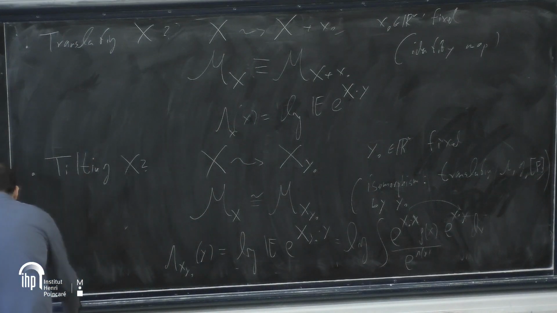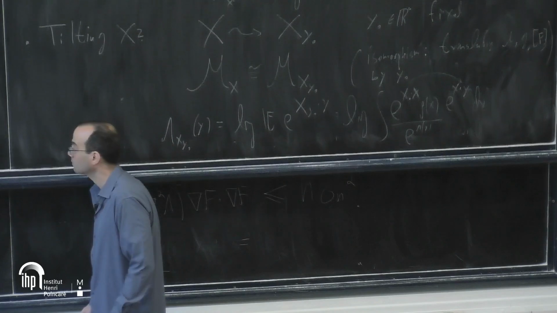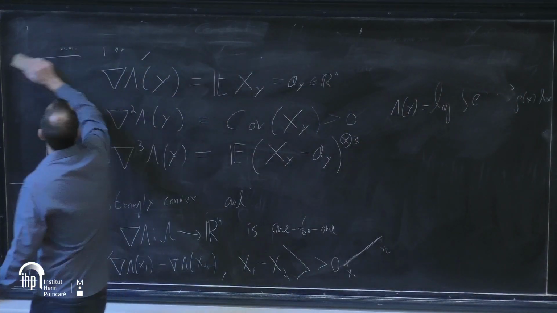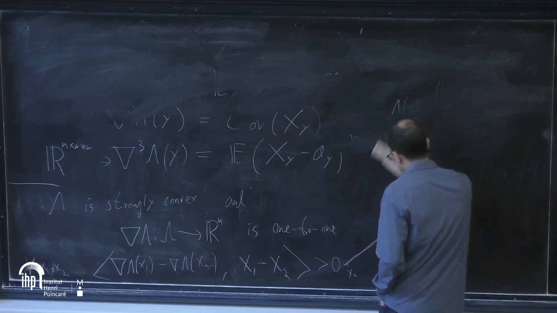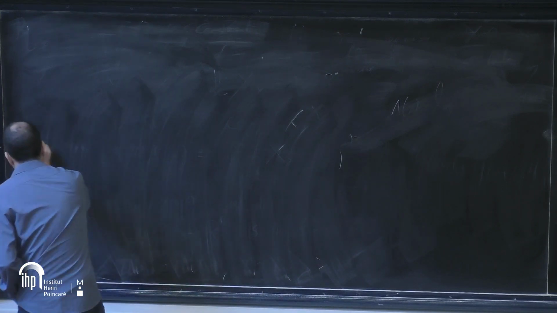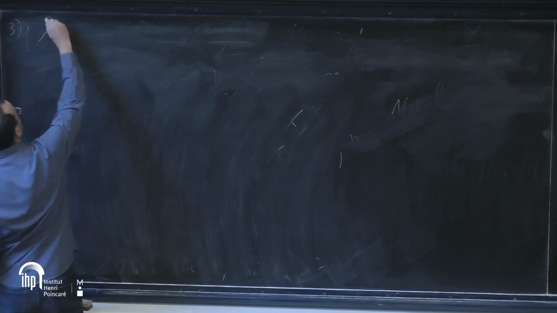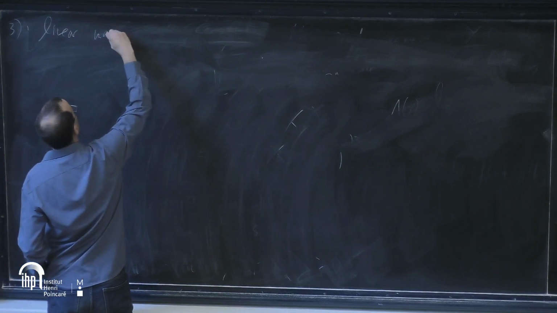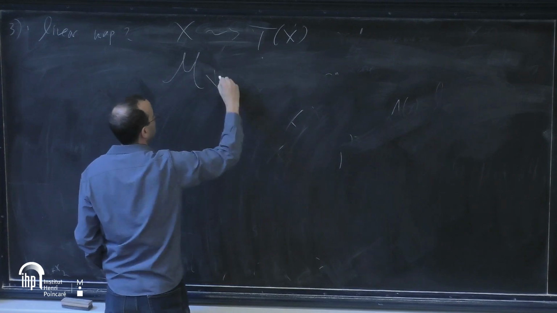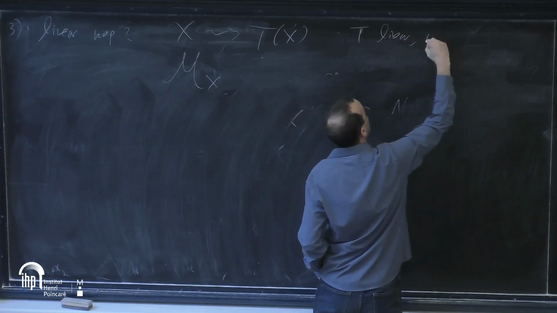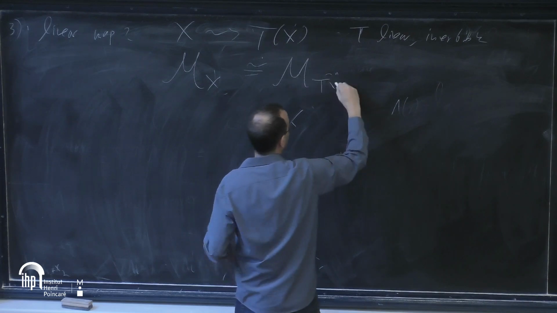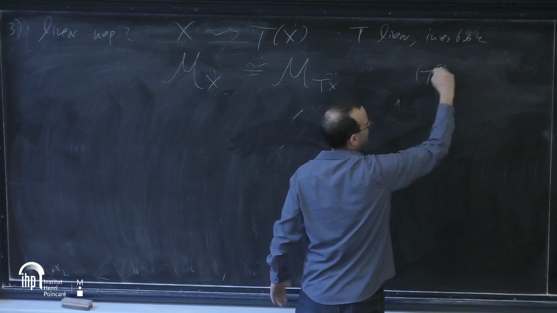And now, as Joseph said, if I apply a linear map, also nothing happens. If x goes to T of x, where T is invertible, then again these are isomorphic, and the isomorphism is just the linear map in the dual space.